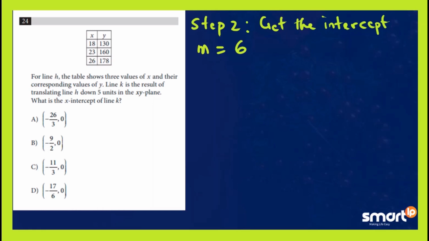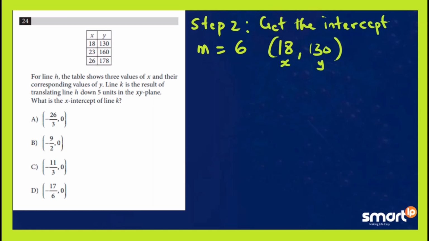Then the second thing we need is to pick out one of the points, either 18, 130 or 23, 160. So I'm picking 18, 130. Our 18 is the x and our 130 is the y.